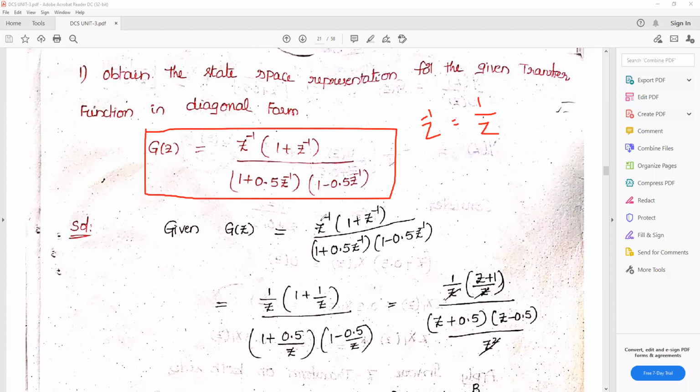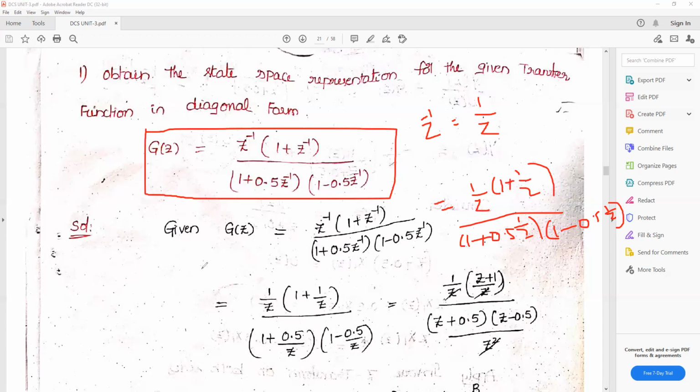So z inverse is 1 by z into 1 plus 1 by z, divided by 1 plus 0.5 into 1 by z into 1 minus 0.5 into 1 by z.